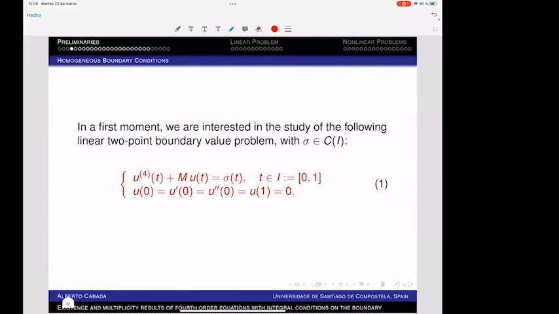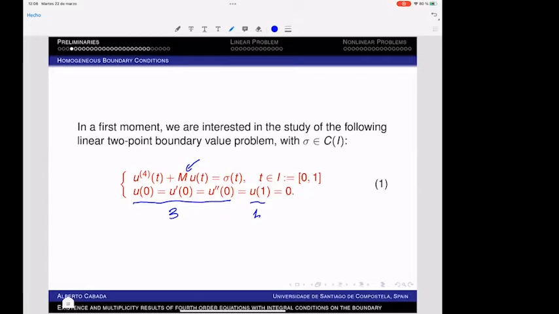So first, I will work on this problem. If we consider a simpler one, it is dependent on mu: u'''' plus mu u equals sigma. And we consider these boundary conditions: three consecutive zeros at 0, and one zero at 1.